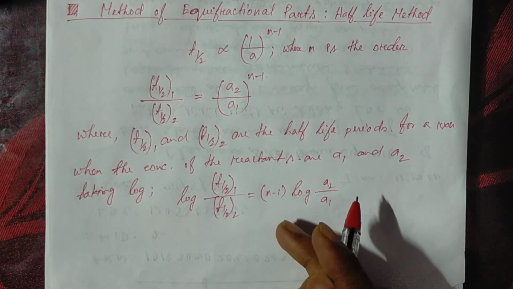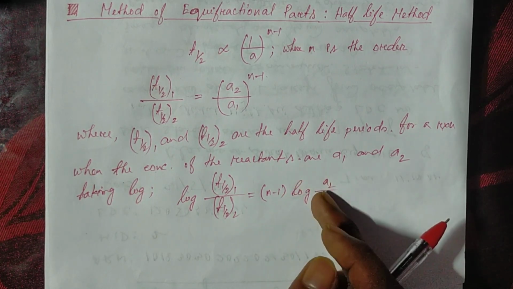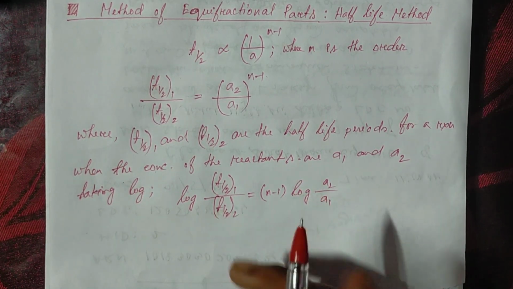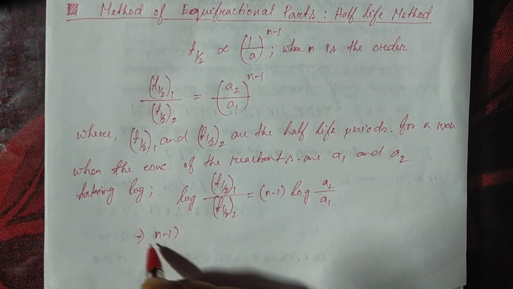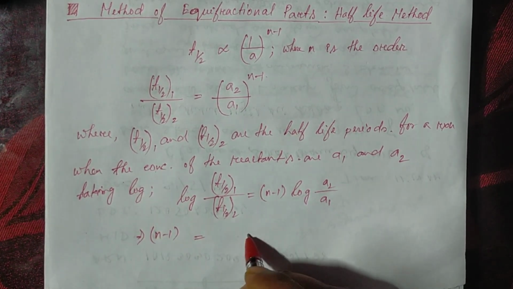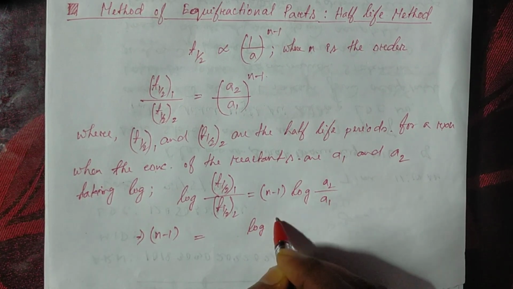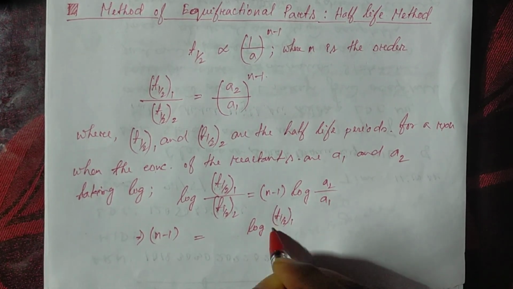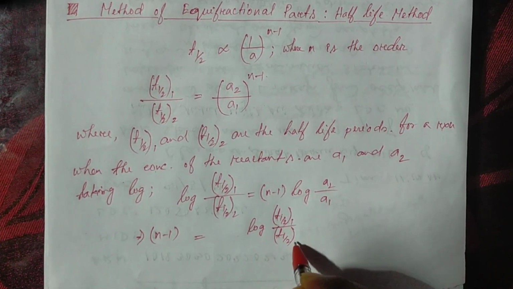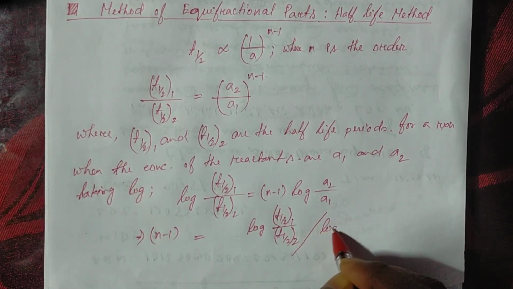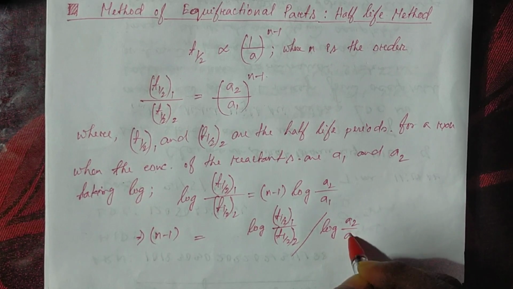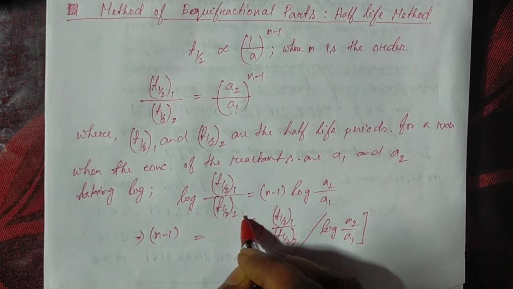Next we can take this log (a2 by a1) to the other side, so we can write n minus 1 is equal to log (t half 1 by t half 2) divided by log (a2 by a1).